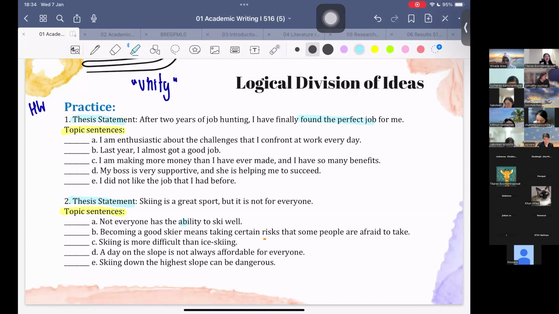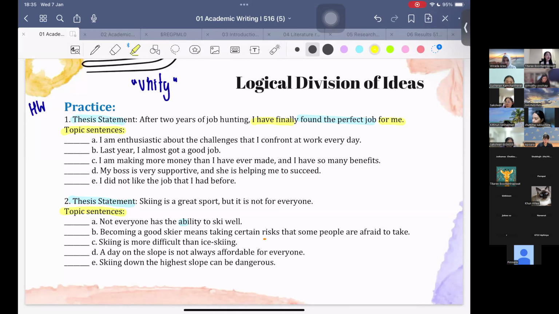So after 2 years of job hunting is adding elaboration to the sentence. However, the topic here is that I found the perfect job. And as you can see, from A to E, they provide the reasons. To identify controlling ideas, like finally found, this one would be a controlling idea.